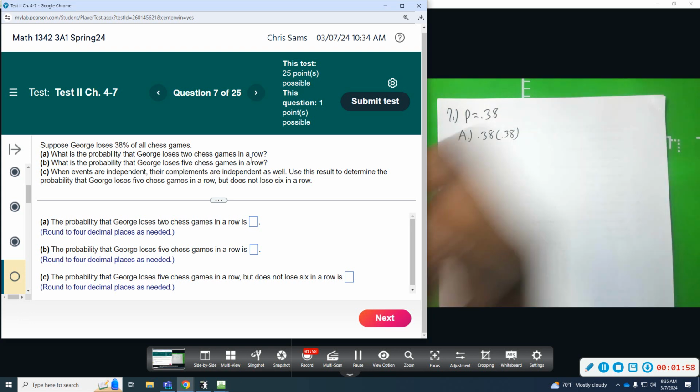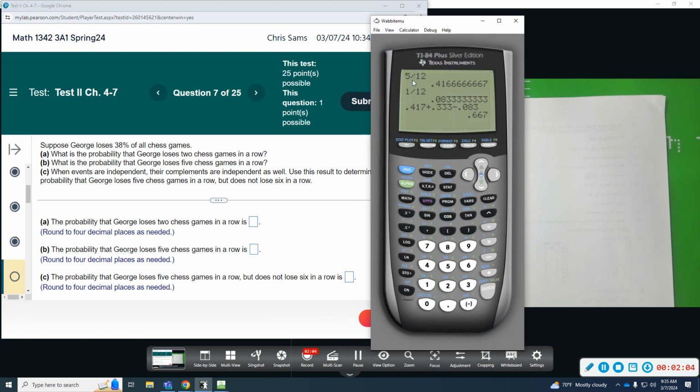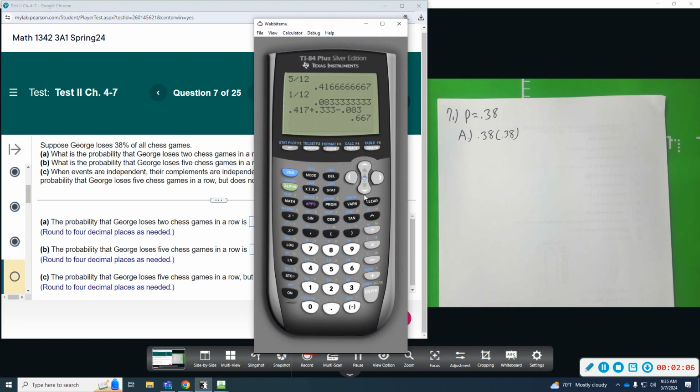I'm going to do that twice, assuming they're independent. Let's say 0.38, and we'll raise this to the second. So to 4 decimal places, 0.1444.